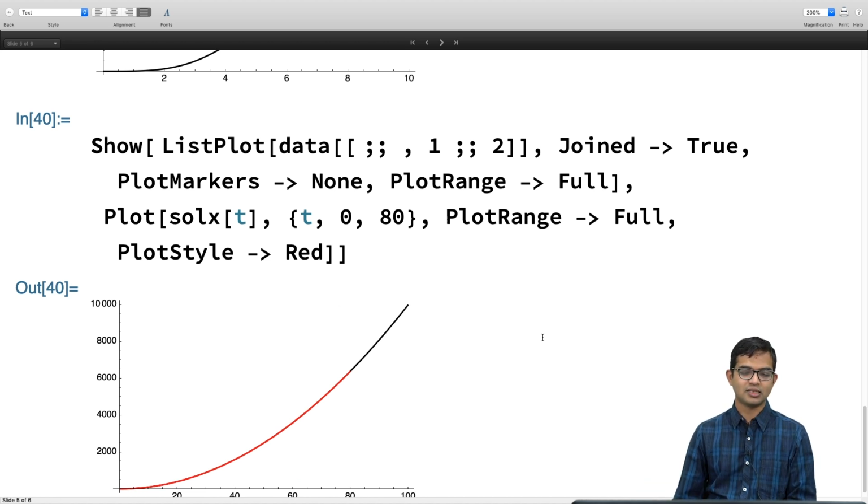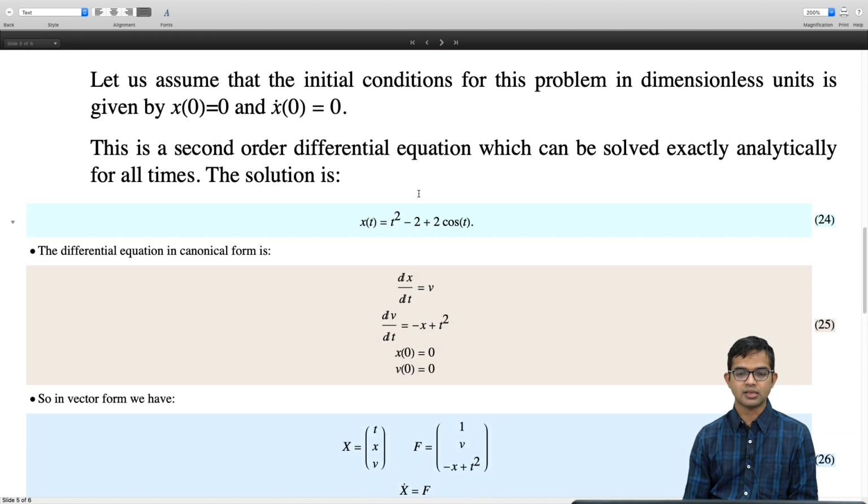So it's very heavily dominated by the external force.